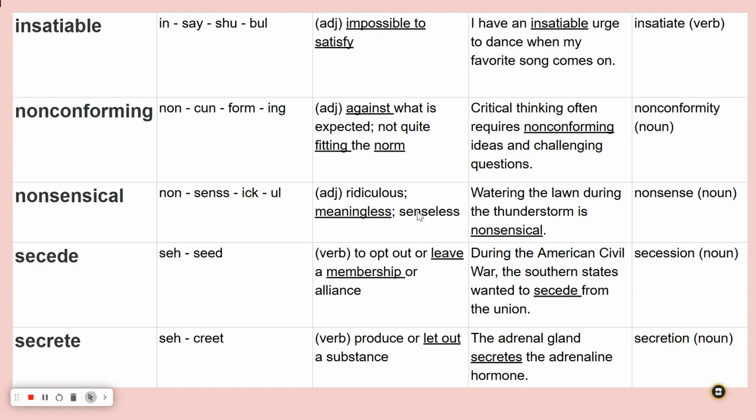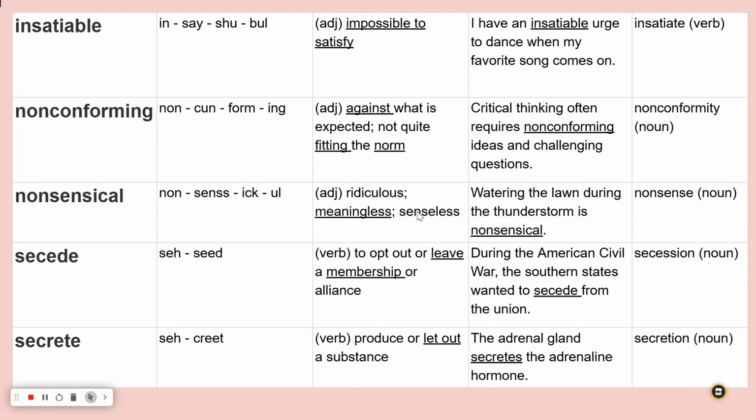Like during the American Civil War, the southern states wanted to secede from the Union. They were like, no, we do not want to be part of your country anymore. And there was an entire war over it where they lost. So ultimately, there was no secession. They did not secede.